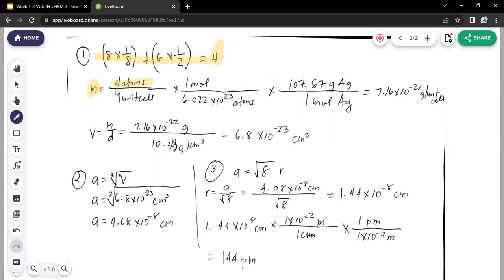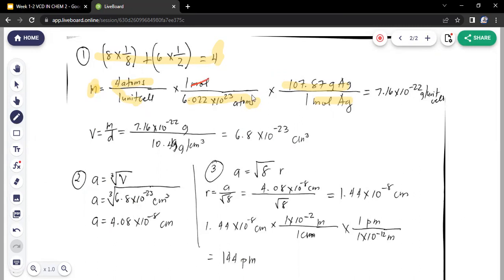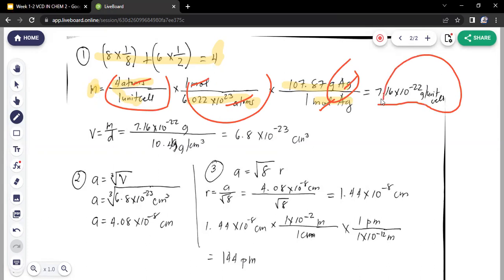So 4 atoms in 1 unit cell. And then in 1 mole, that is 6.022 times 10 raised to 23 atoms. Then the atomic mass of silver is 107.87 grams in 1 mole of silver. Cancel the units, cancel the mole. Then you will be left with, after performing the operation, 7.16 times 10 raised to negative 22 grams per unit cell.